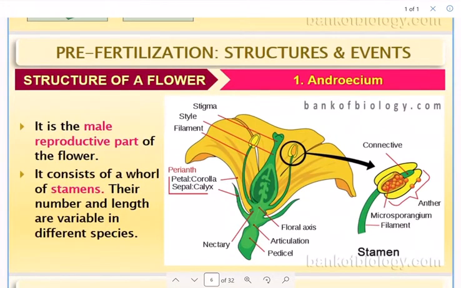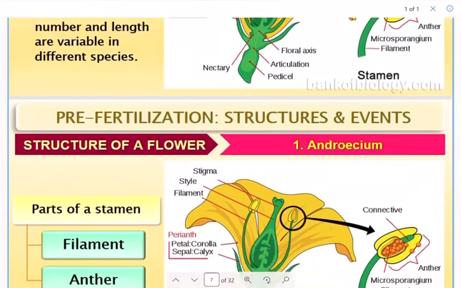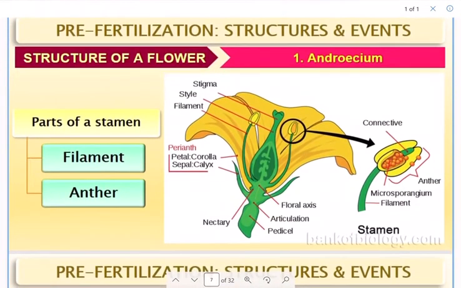When the anther becomes matured, it breaks open. We can see these structures called sporangium. There is a connective which makes the anther bilobed.